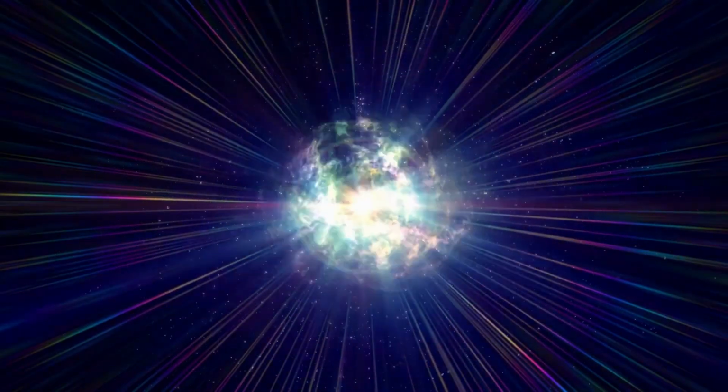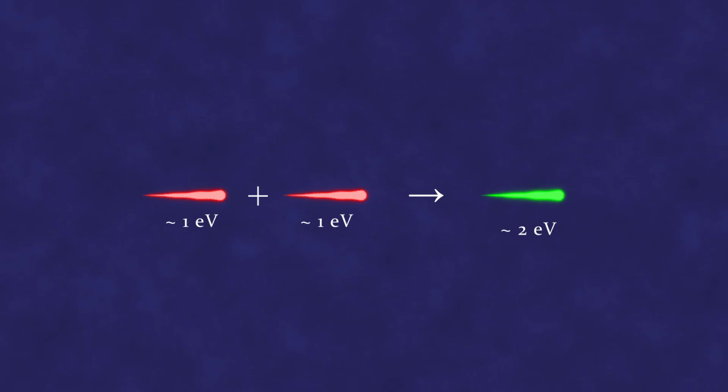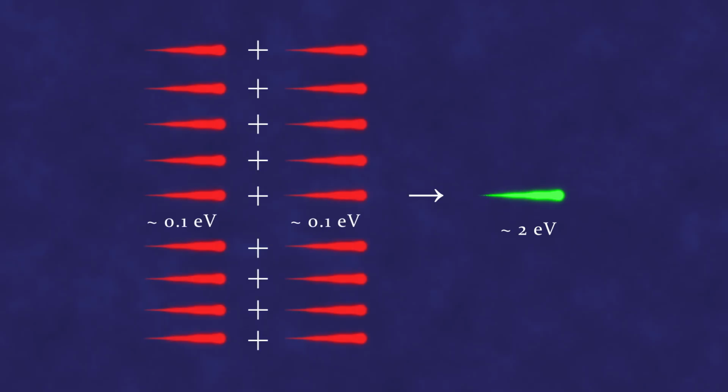To put it plainly, upconversion using ytterbium and erbium converts two photons with energy around 1 electron volt into a single visible light photon with energy around 2 electron volts. And as we have seen, that is already a quite complex process. But if we are dealing with photons that each carry only about 1/10 of an electron volt, we would need 20 of them to make one visible photon.